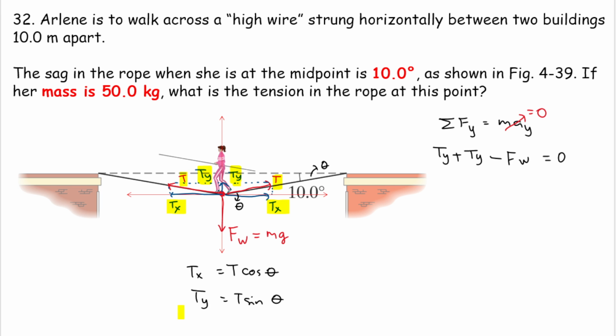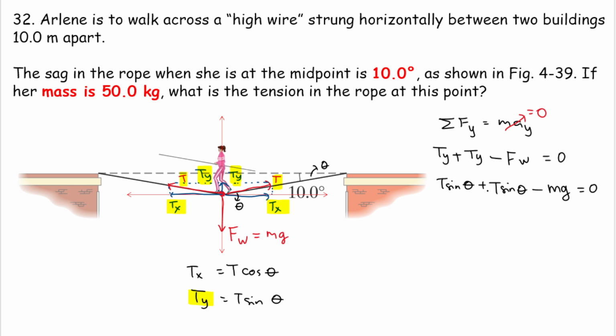So we only care about Ty here. Let's plug that in. We will have T sine theta, and then this one also T sine theta. Good. And then minus Fw, that will be mass times gravity, so mg, and that will equal 0.